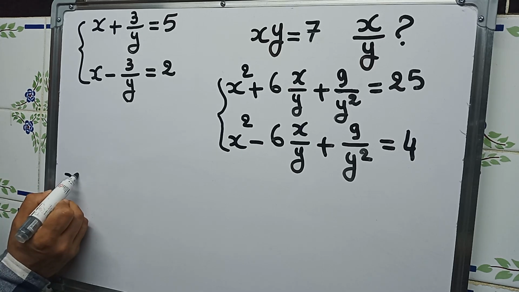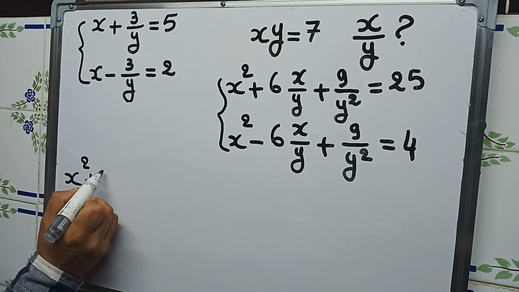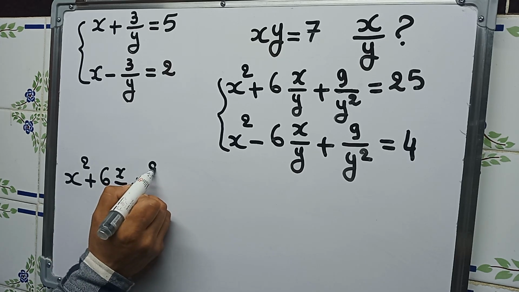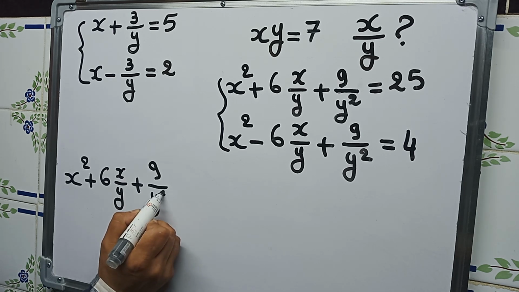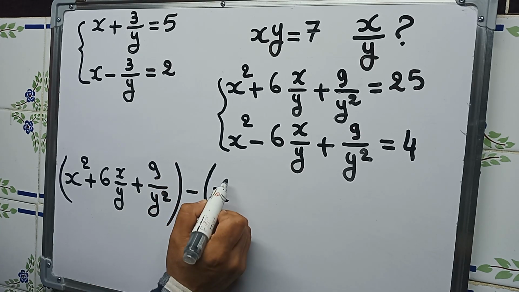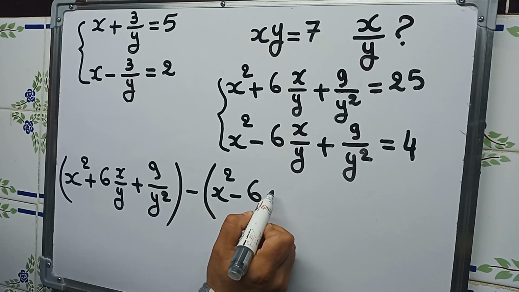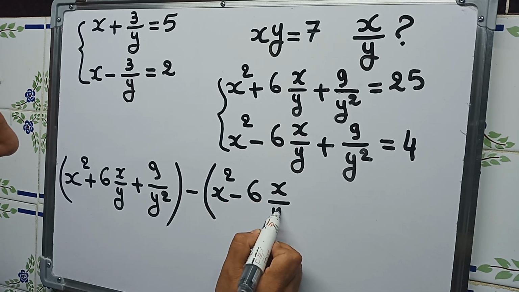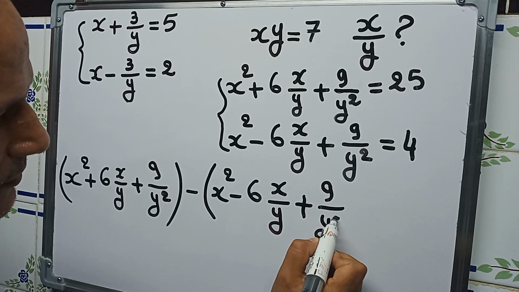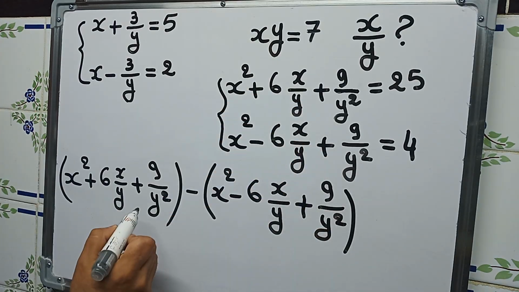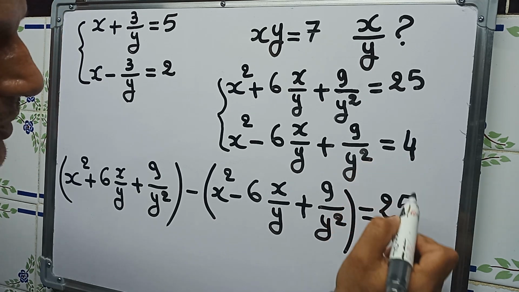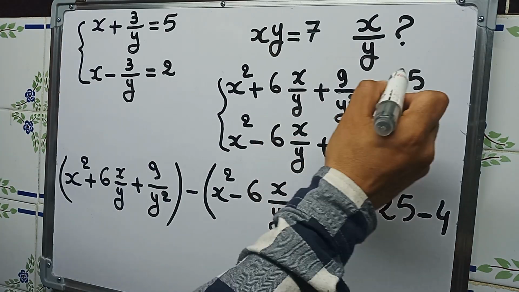So we will have x squared plus 6x over y plus 9 over y squared, minus the second one, x squared minus 6x over y plus 9 over y squared, is equal to 25 minus 4, the difference term to term.